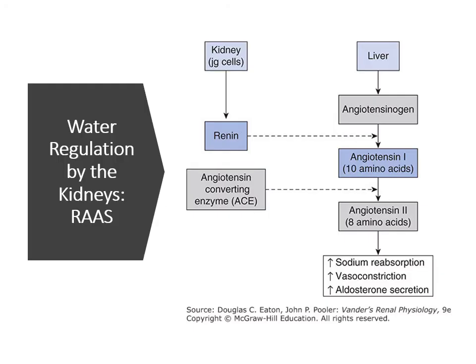Okay, so here's the water regulation by the aldosterone system, the renin angiotensin aldosterone system. So the kidneys will sense a low blood pressure or a lack of blood flow through the kidneys. They will release renin.